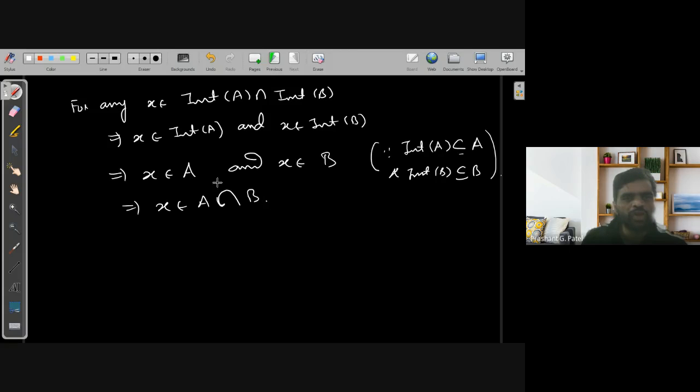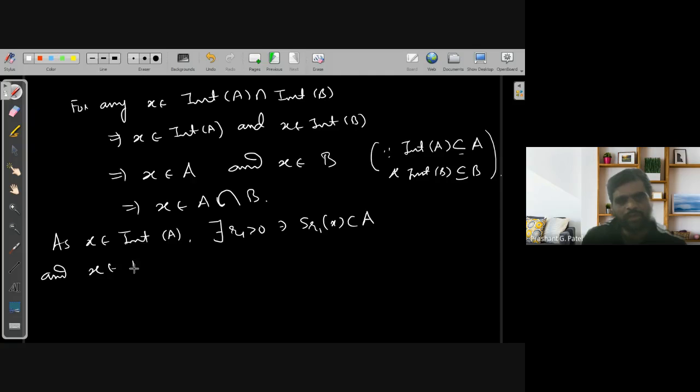Now we need to prove that it is in the interior of A intersection B. So here, as x belongs to the interior of A, there exists some R1 greater than 0 such that S_R1 of x is a subset of A. And x also belongs to the interior of B, so there exists some R2 greater than 0 such that S_R2 of x is a subset of B. Now what will we take?